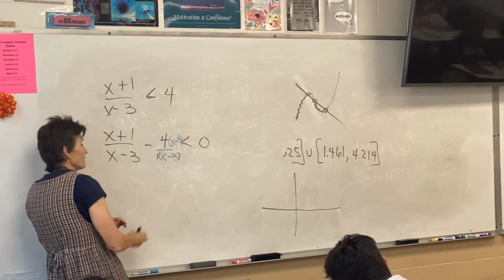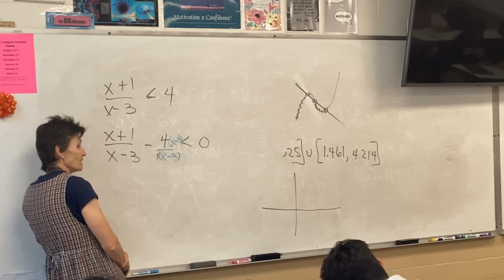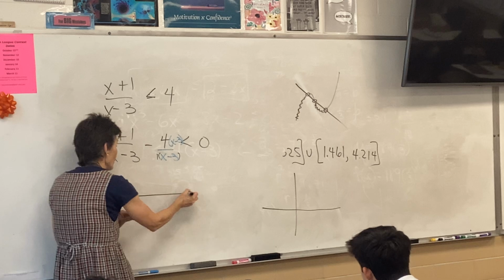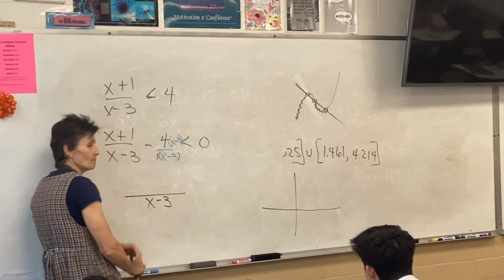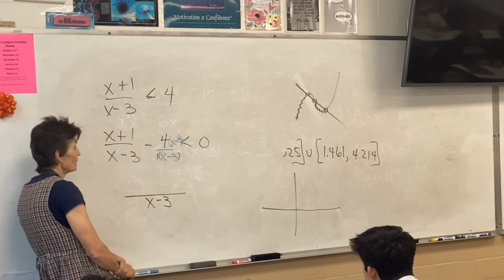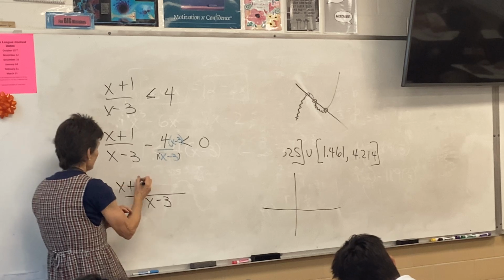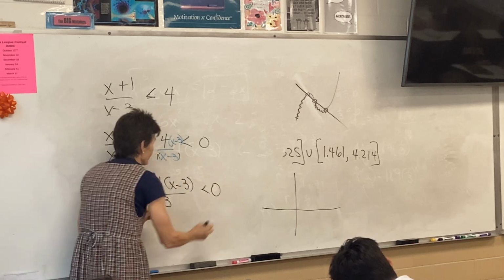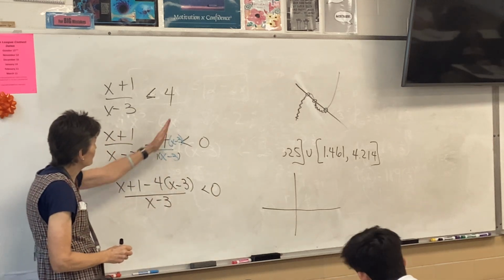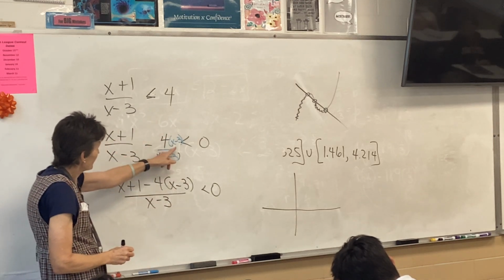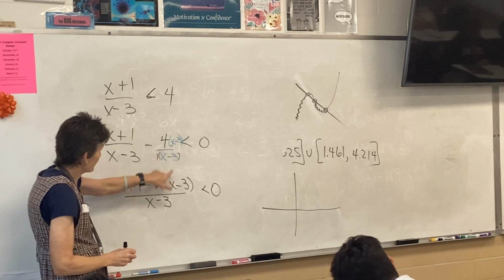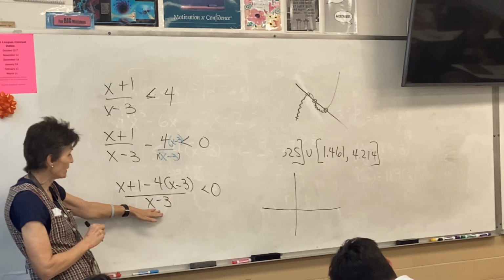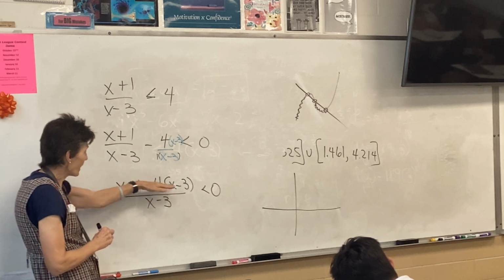So I multiply the top and the bottom by x minus 3. Now they both have the same denominator. The numerator is this. So my common denominator, move the 4 over, multiply top and bottom there by x minus 3 so that I can have one fraction, one denominator. And now I have that on the top.